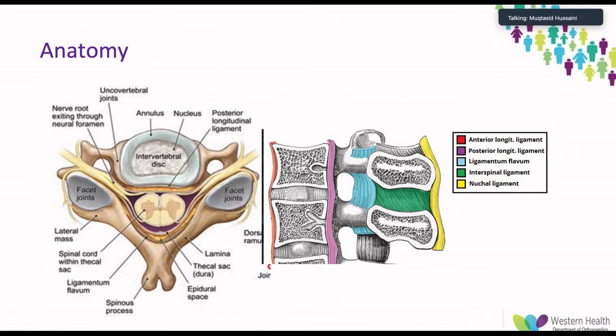Posterior to that, you've got the posterior longitudinal ligament, followed by the spinal canal itself with the facet joints on either side, the spinal cord, and then along the border of the lamina and the spinal canal, you've got your ligamentum flavum, and we've got a sagittal cross-section here demonstrating that as well. So the anterior and posterior longitudinal ligaments followed by the spinal canal and then the ligamentum flavum.